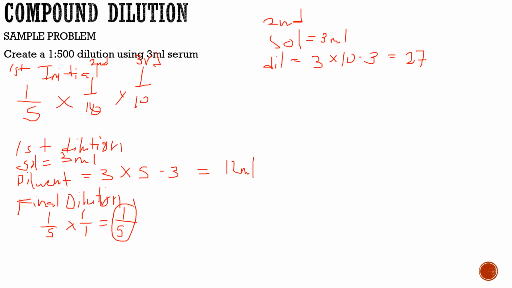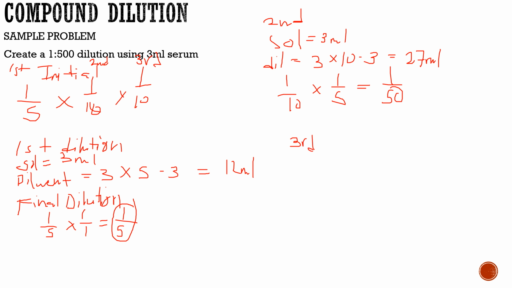You get 27 ml. Then you compute for the final dilution. So in this case, 1 is to 10, which is the initial dilution for the second dilution, times the previous dilution, which is 1 is to 5. You get 1 is to 50.